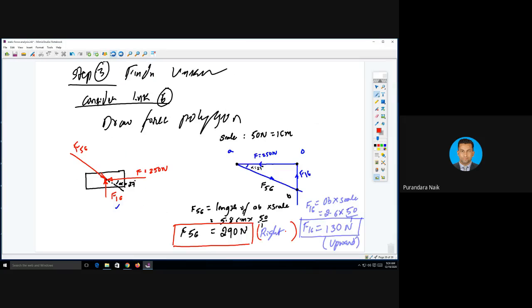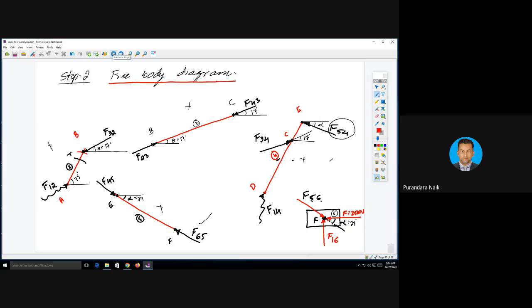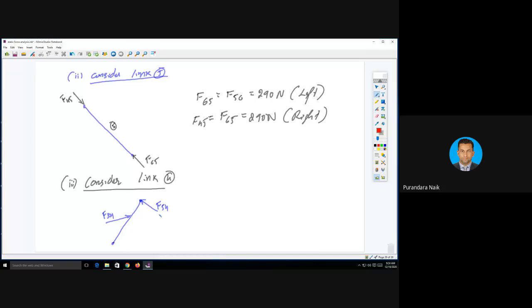I don't know the direction of this one, the bottom one, F14. Link 4 is a 3 force member, right? This is link number 4, link number 5. Therefore, find the point of concurrency.